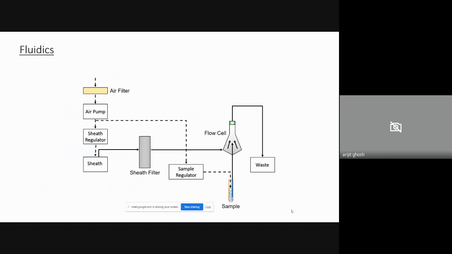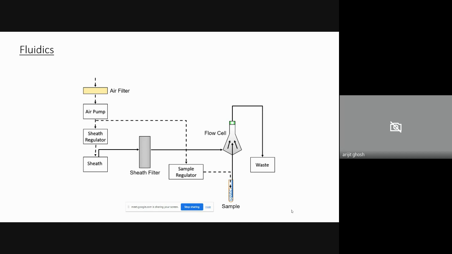Now let's understand how the fluidics of a flow cytometer works. First, air is pumped into the sheath fluid. There is a sheath fluid tank in a flow cytometer, which is filled with a solution called sheath, and air is pumped into the sheath chamber by the air pump through an air filter.